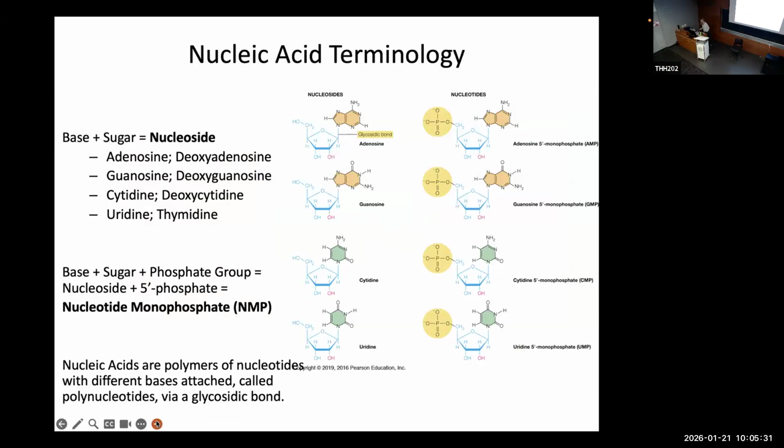Okay, the terminology of nucleic acids. You have a structure like this that has the ribose, the base, and the phosphate. That's called a nucleotide. Sort of the typical structure we see there. In this case, it's a nucleotide monophosphate because there's a single phosphate on the end. Last week, we talked about a nucleotide triphosphate.